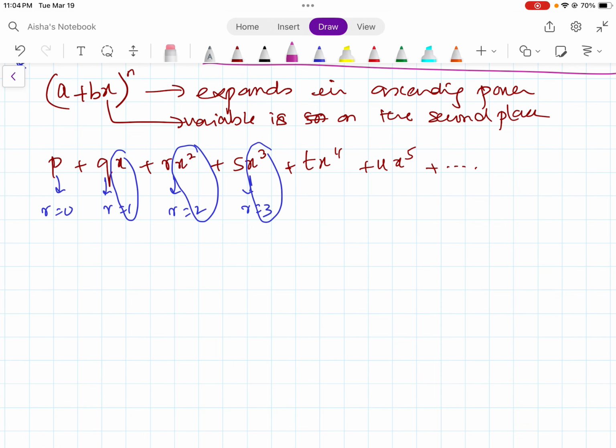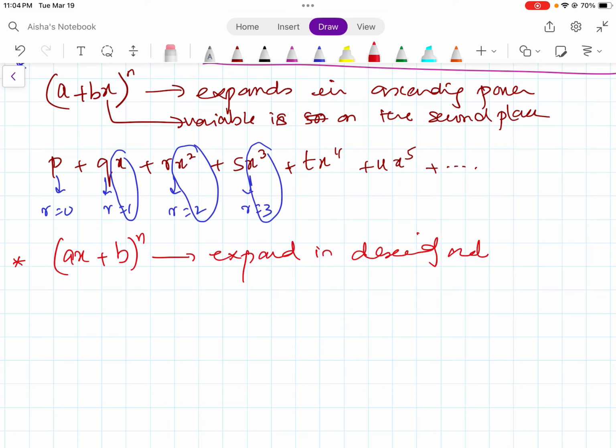Okay? Acha, next is, for example, if I have (ax plus b) to the power n. Now this will expand in descending order, meaning this particular expansion is going to be px power, let's take this as 5, plus qx power 4, rx cube, sx square, tx plus u.